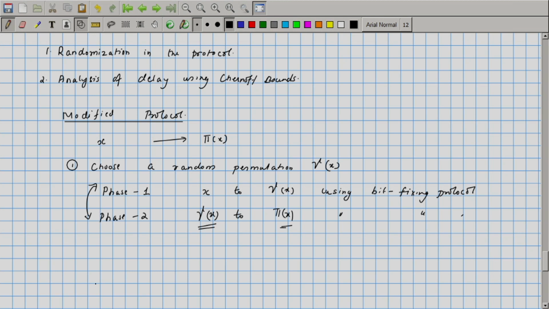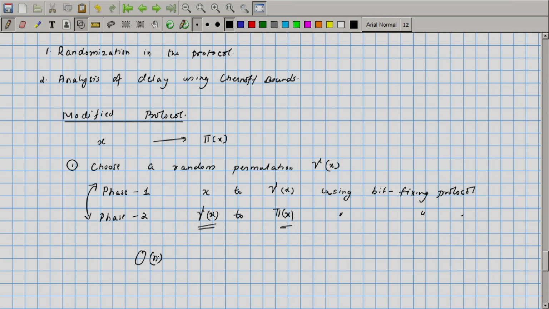Okay. But we will have to make an assumption that only after the first phase is completely over, we will begin the second phase. This assumption we can relax later on. What we will show is that phase 1 will require O(n) time to complete. That means all packets will reach their destination in O(n) time. Maybe we will wait for some additional time.